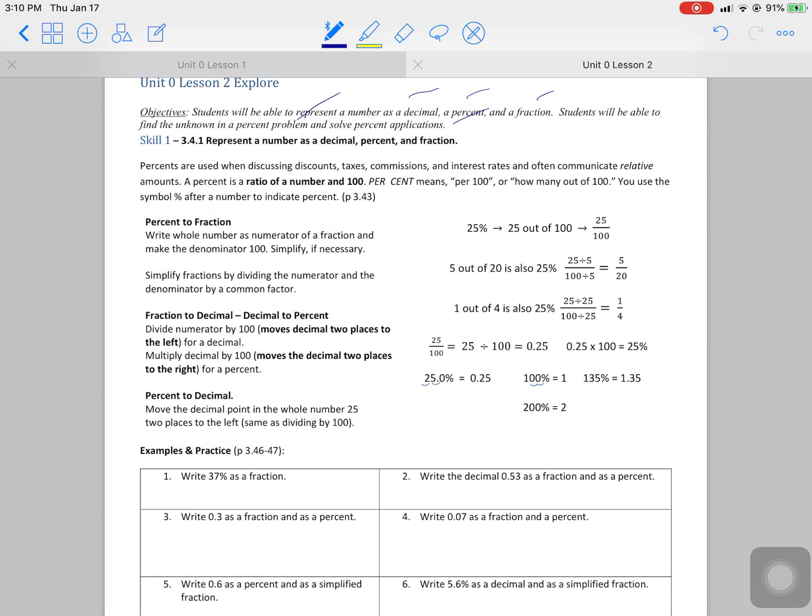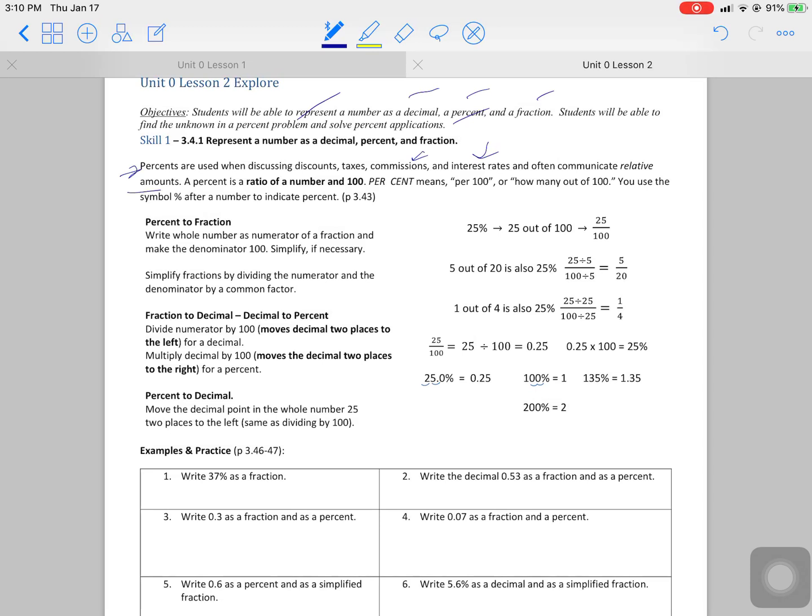So the important part is percents are used all the time. You're at a store, something's on sale, you want to figure out how much you're going to have to pay for it. You pay a percent in taxes out of your paycheck. If you earn commission, you earn a percentage commission. Interest rates when you're buying a car or getting a loan.